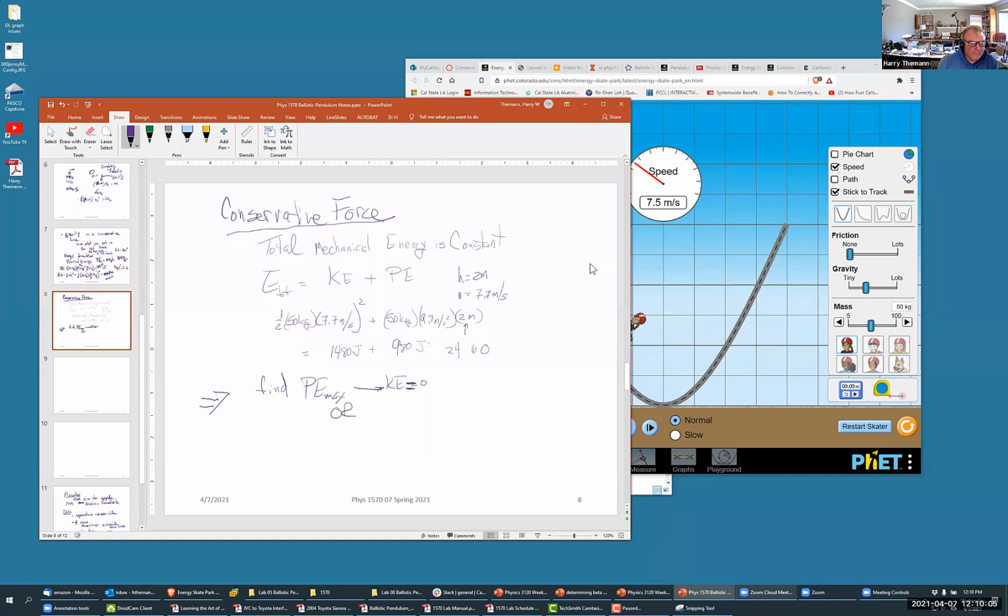Or KE max, and this means that PE is going to be equal to 0. Once you know either or, then you know everything, because you know that this sum has to be constant.